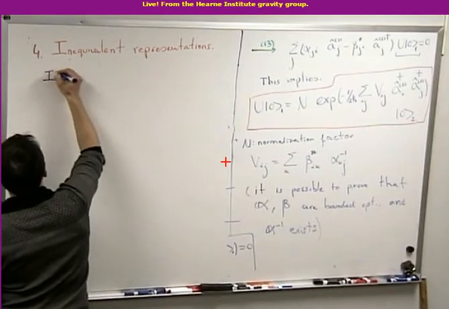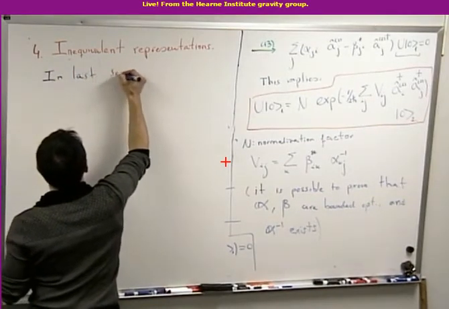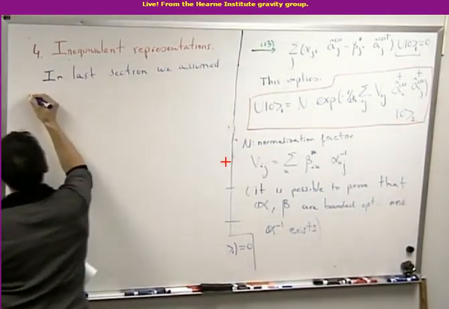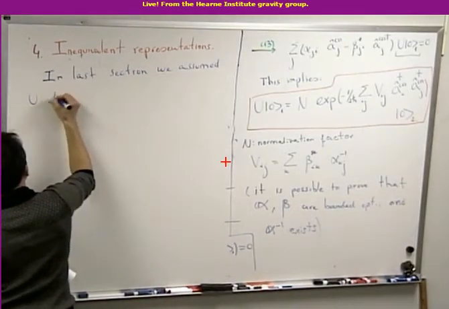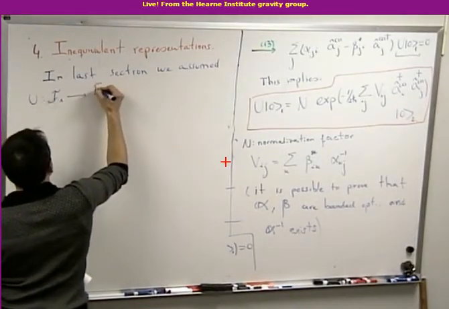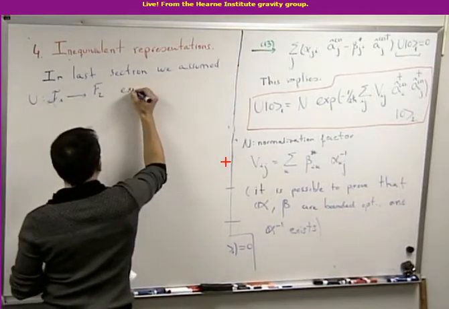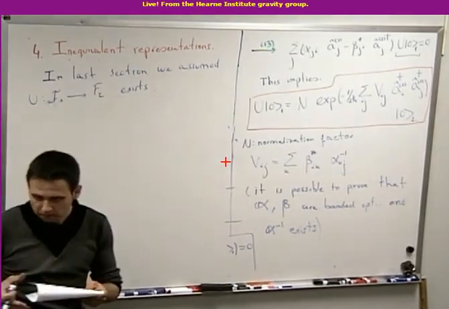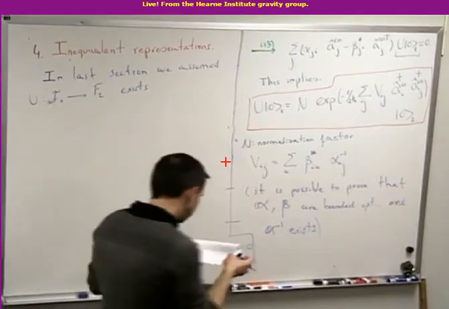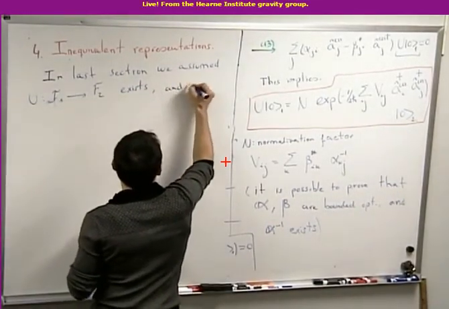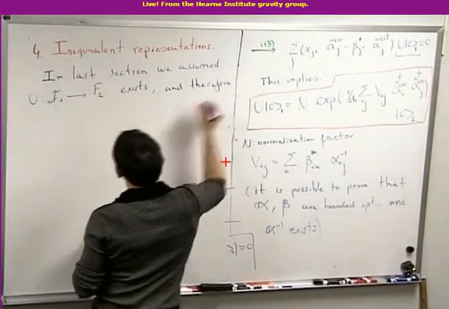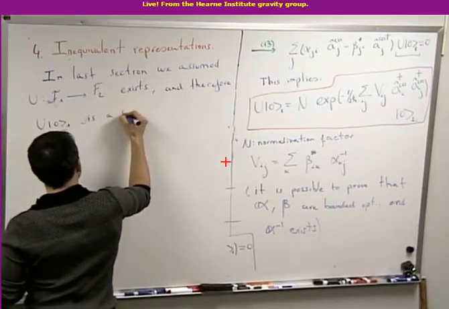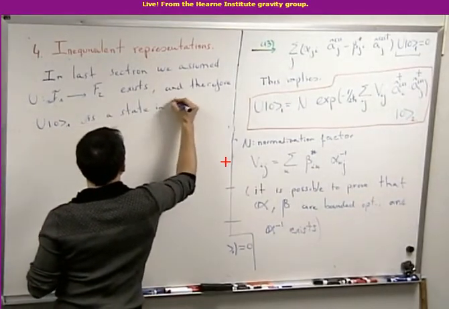The statement is the following. In the last section, we assumed that a unitary operator U, moving from one representation to the other, exists. Therefore, if it exists, this state was a state in F2.